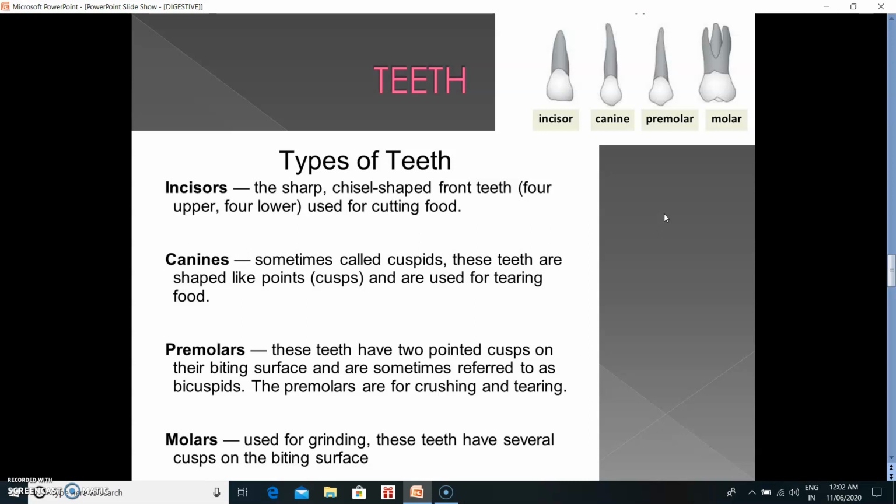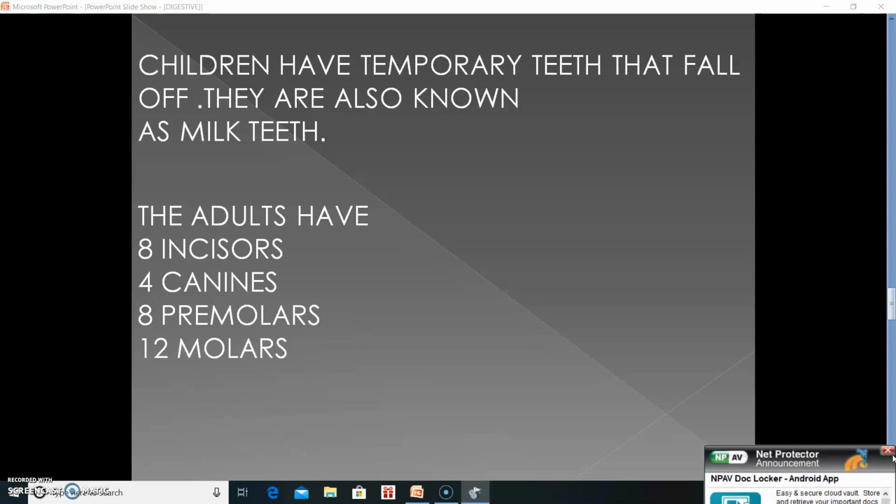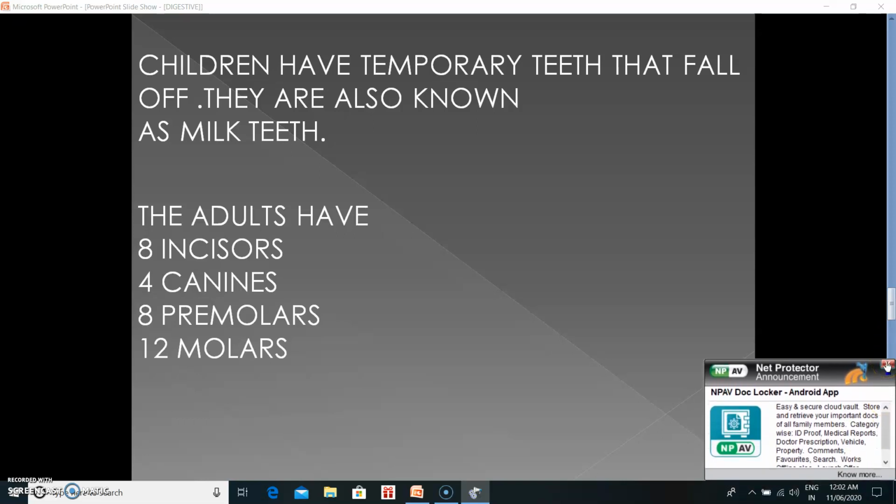The same goes for molars. They are used for more fine grinding. So these are the four types of teeth present in human beings. Adults have 8 incisors, 4 canines, 8 premolars, and 12 molars.